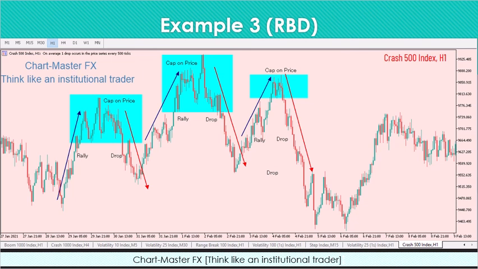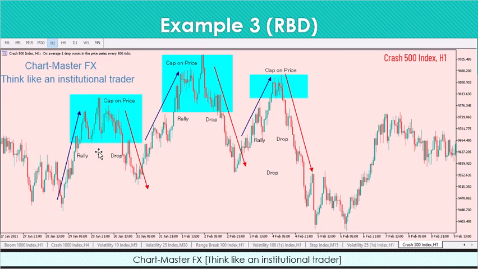Let's go to example number 3, where we'll be looking at the RBD. So guys, on the RBD here, you can see that we have a rally in price, then we have a cap on price here, then we have a drop in price. So we have a rally, base, drop, which is what we call RBD.